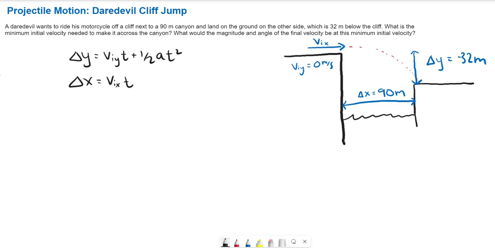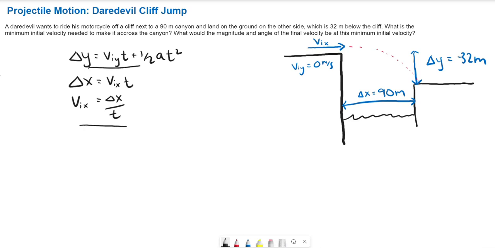There's no acceleration in the x direction in projectile motion problems, so our delta x is just equal to v initial x times t. And we want to find v initial x, so if we divide both sides by t, we just need to find this time. We can use what we know in the y direction to find that time and then apply it to this equation here.